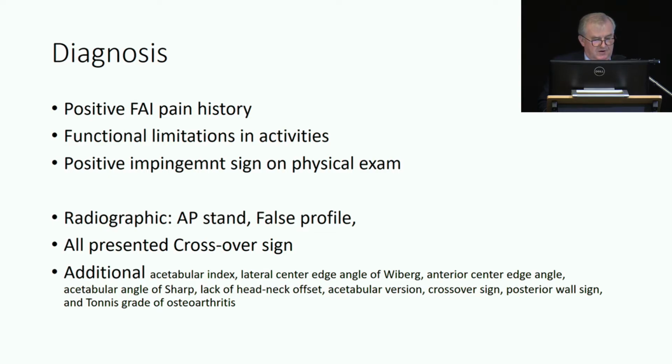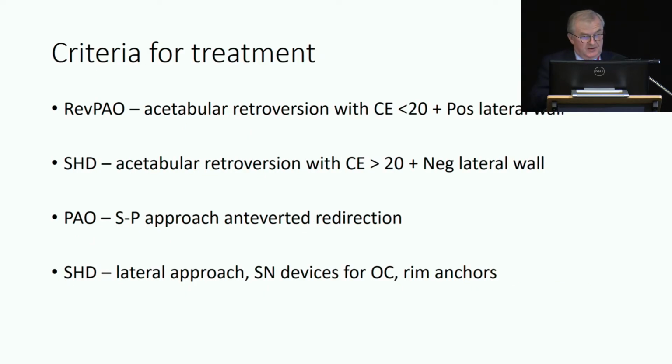Then radiographically, we perform a regular AP and false profile view to find the crossover sign, and additional angles were also measured, as you see at the bottom of the slides. The criteria for treatment were quite clear and sharp.